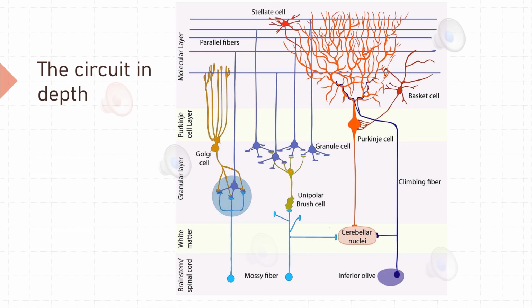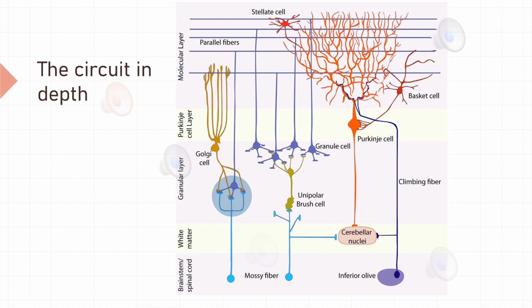Now let's break down the circuit. The cerebellar nuclei, which is the structure in pink, is present not in the cerebral cortex but rather deep within the cerebellum. It is one of the two areas of gray matter of the cerebellum.